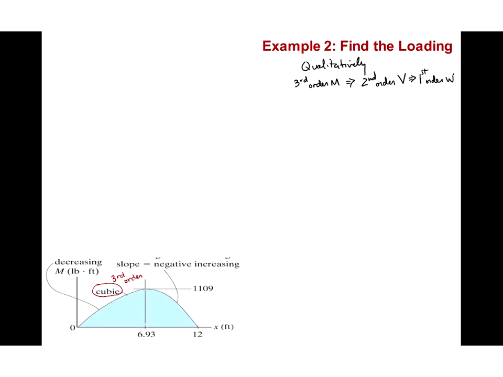So we'll expect to see a first order or linear distributed loading diagram, and now we just have to work out the quantitative aspects of that. First, I'll point out, we know that if this is a cubic equation for M as a function of x, that means that M must be equal to a0 plus a1x plus a2x squared plus a3x cubed.